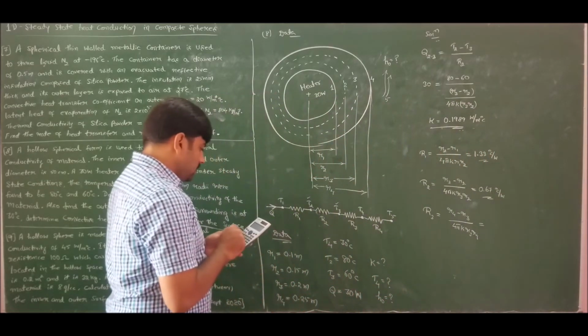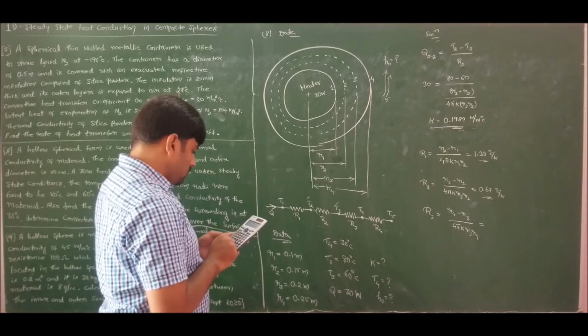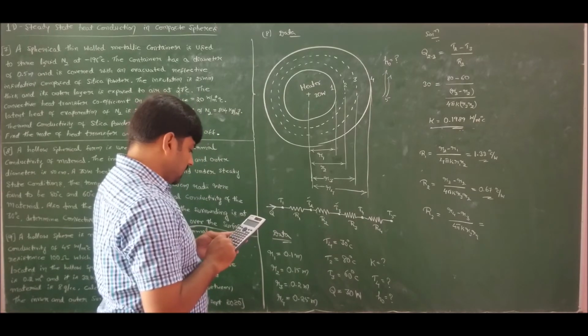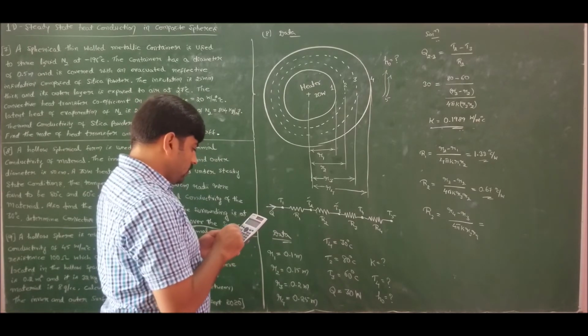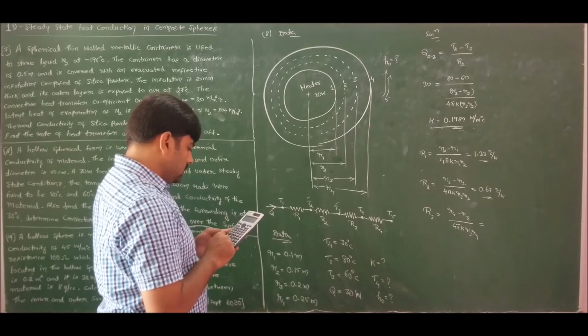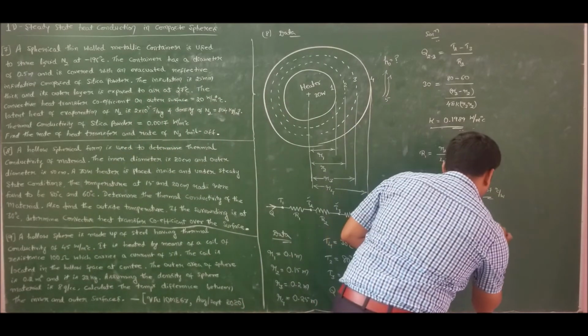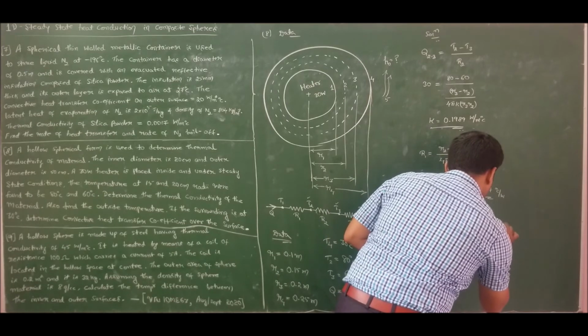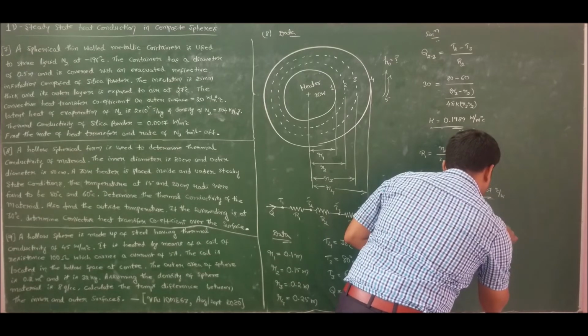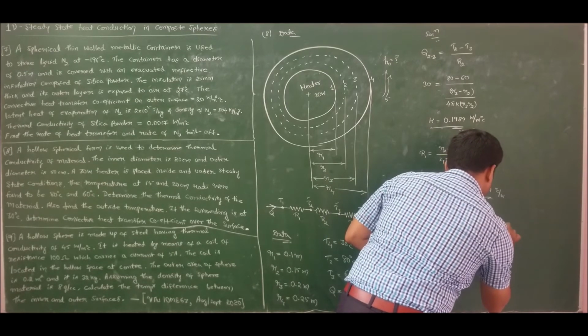Coming to R4: (0.25 − R3 = 0.2) / (4π × k = 0.1989 × 0.2 × 0.25), which is 0.4 degrees Celsius per watt.